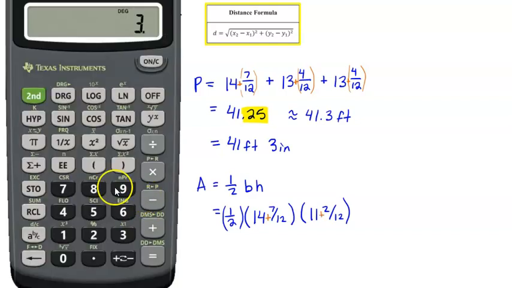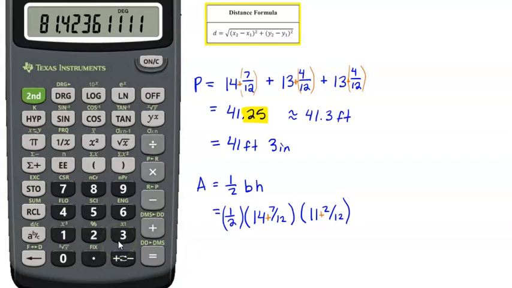And so when I type this in, clear this, parentheses, 1 divided by 2, close parentheses, times, parentheses, 14 plus 7 divided by 12, close parentheses, times, parentheses, 11 plus 2 divided by 12, close parentheses, and then equals.